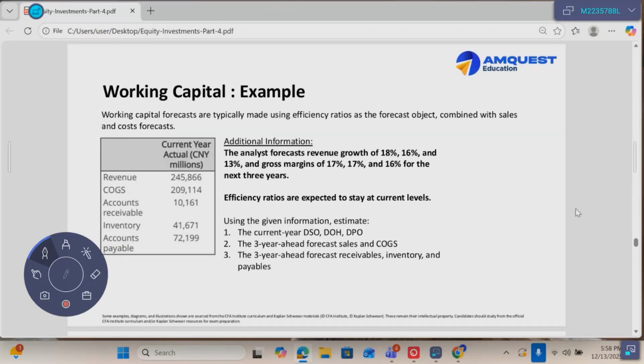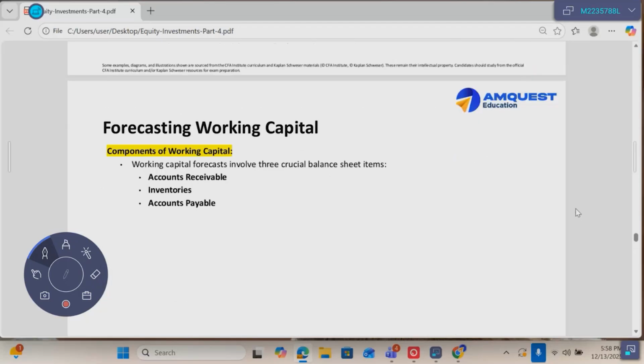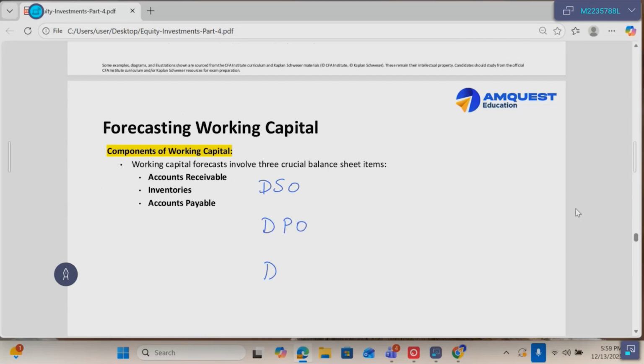Before we start this question, it will be better that we write down some formulas which will be useful. We will write down three formulas: days sales outstanding, days inventory in hand, and days payable outstanding.